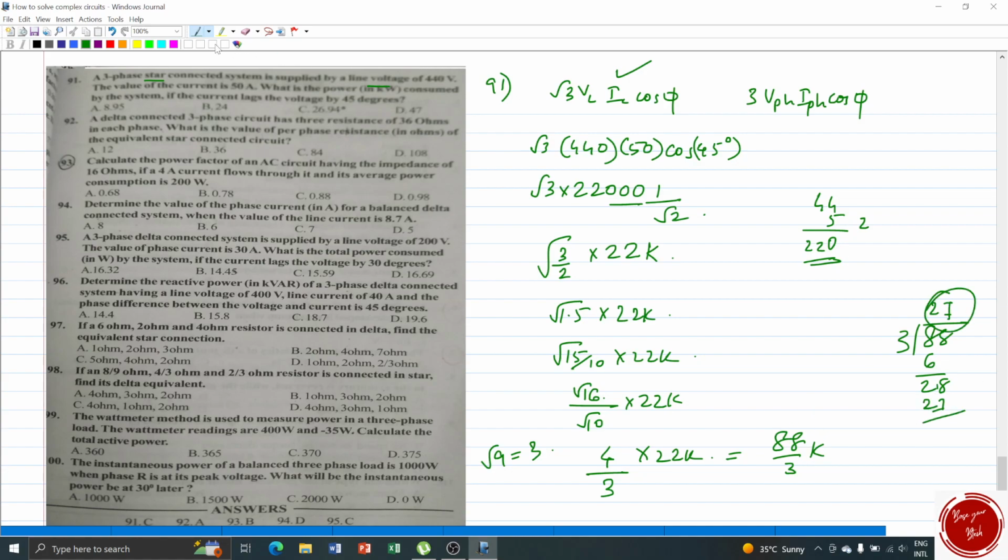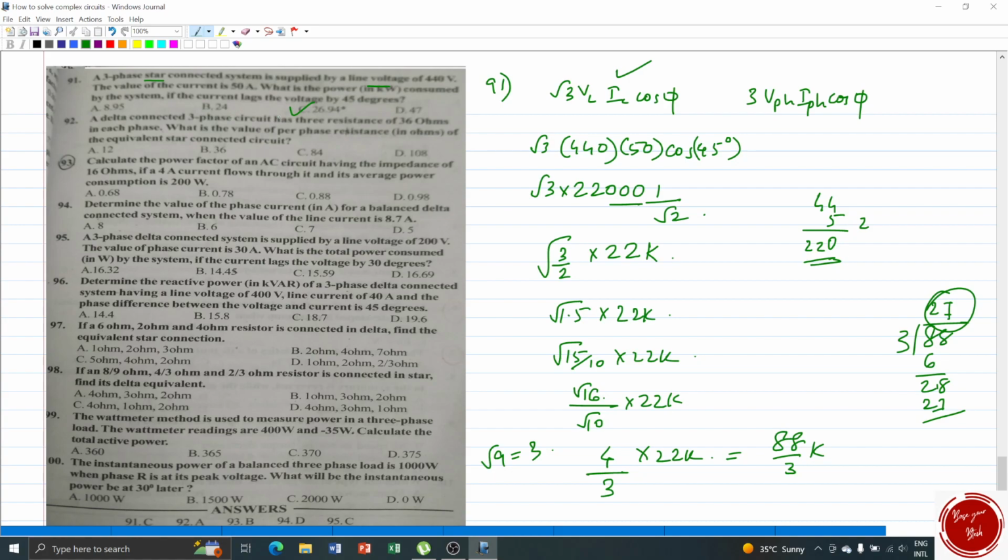Okay, so from these options 26.94 is closer to 27. There is another value 24. You can also recheck and do it in a proper way and find out whether it is 24.